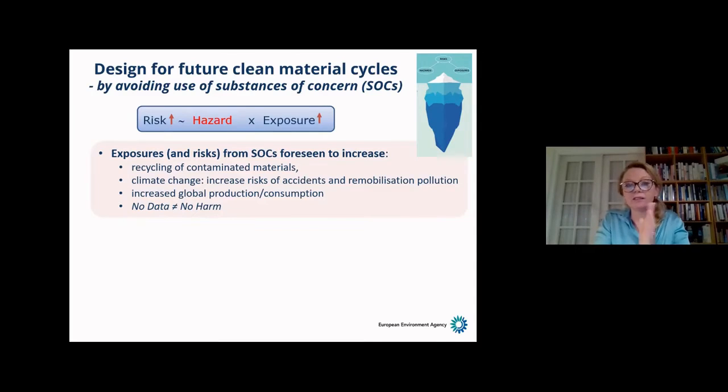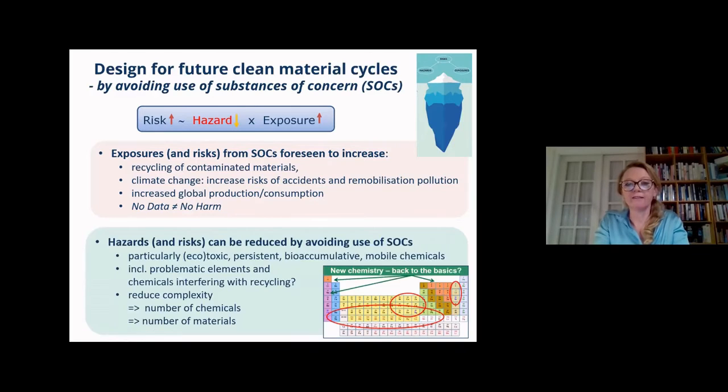We see a global increase in production and consumption of chemicals, while we do not have a lot of data. And no data is not the same as no harm. So basically, because the exposure is foreseen to go up, the risk is foreseen to go up if we do nothing about it. Therefore, what we could do is try to bring the hazard down, and thereby we will have a decrease of the risk.